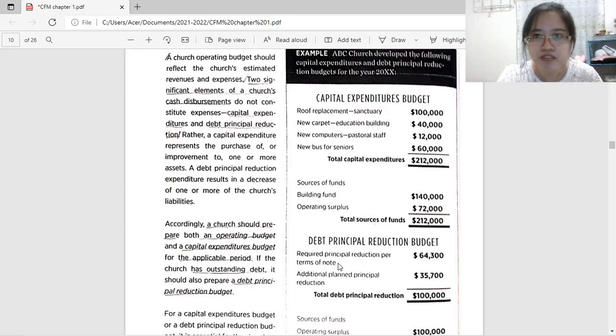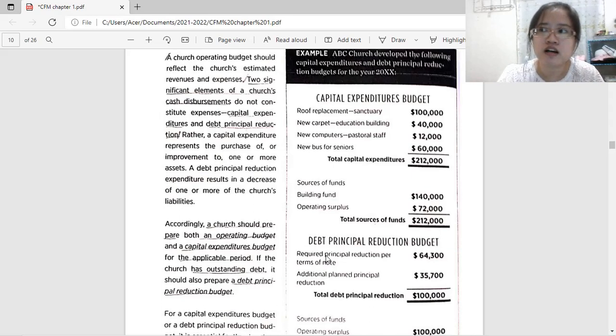For the most part, this would depend on the agreement with the creditor, the one who lent the money to the organization. It would depend on the terms and conditions, the agreed amount of money to be paid, let's say every month or every quarter or every year.